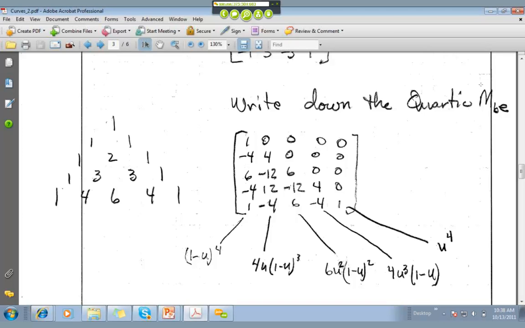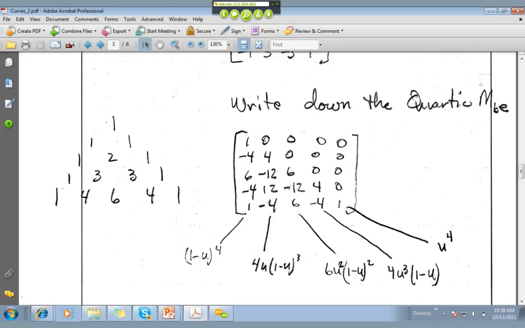What is the next column going to come from? Well, it's going to be from our u, 1 minus u to the 6th power, and it's going to have some coefficient in front of it. What is the next column going to come from? The u squared, 1 minus u to the 5th. All of the powers have to add up to 7. And there's going to be a coefficient there. The next column is going to come from u cubed, 1 minus u to the 4th.